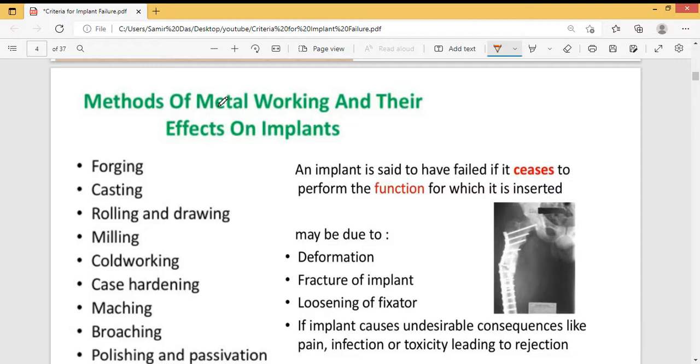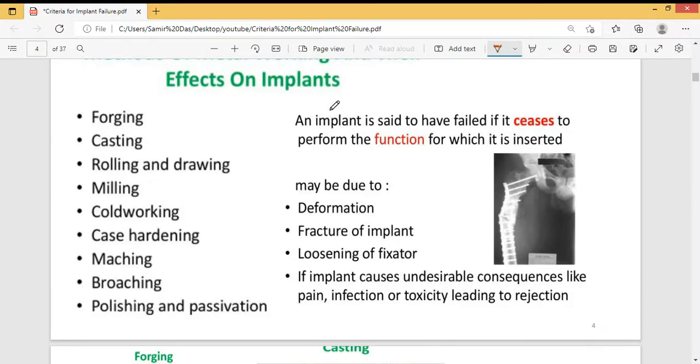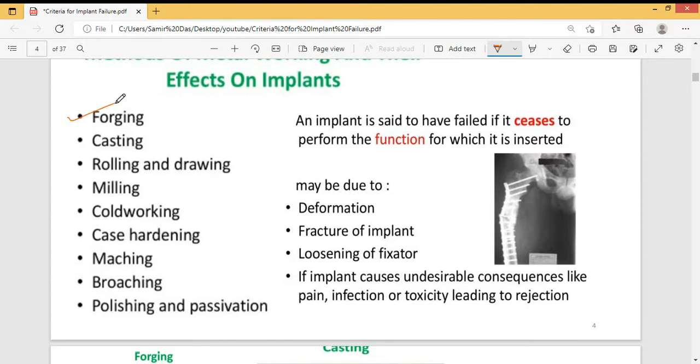Characterization is one part, but what method we use to manufacture that implant is also a very crucial thing. So the first method of making an implant is forging. In case of forging, we basically take a metal, then we hammer it and give it a particular structure.